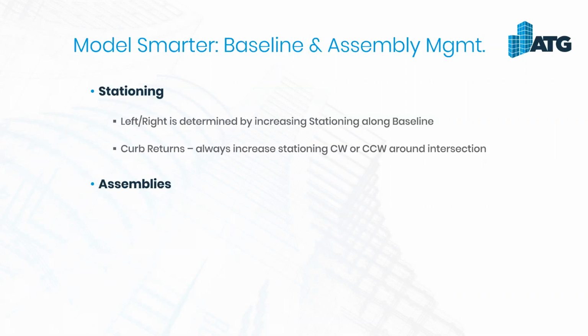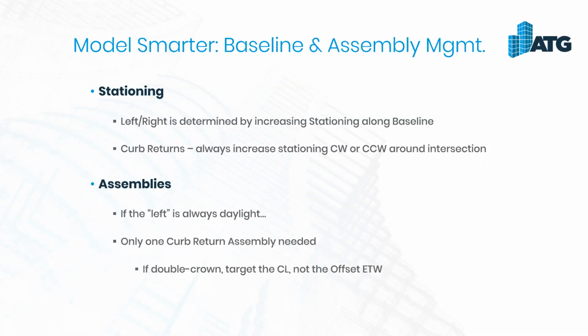We only need one assembly for that throughout our entire corridor, which means we have far fewer objects to manage and different situations to keep straight in our head. So for our assemblies, that means that if our left side always has the daylight, we only need that one curb return. Now, I'm going to be doing the more complicated scenario of a primary crown maintained, and we'll have some interesting stuff to deal with that today.